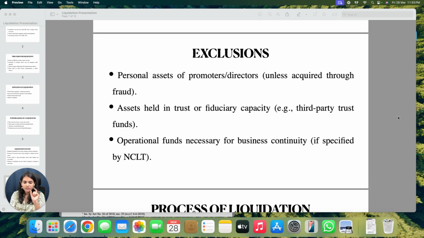Assets held in trust or fiduciary capacity, such as bailment contracts. So any third party assets that are held by the corporate debtor in a fiduciary capacity will not be included in the liquidation estate. Operational funds necessary for business continuity.